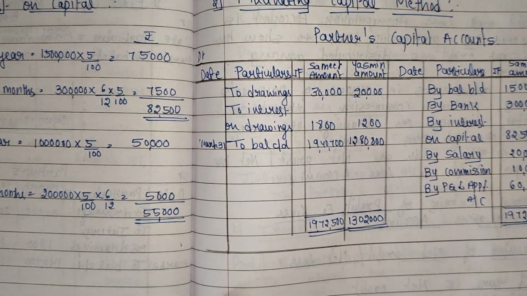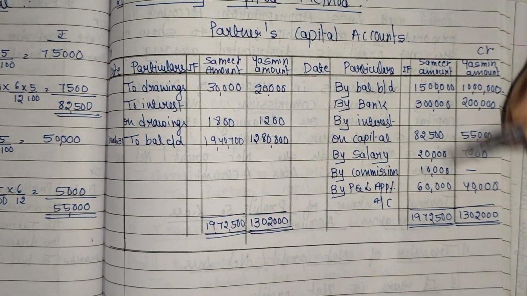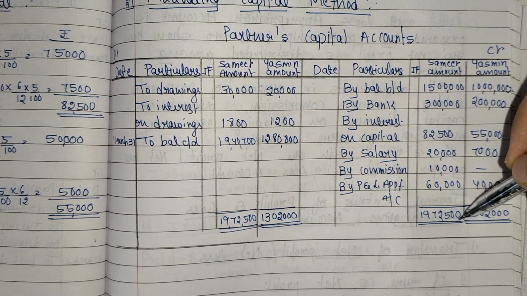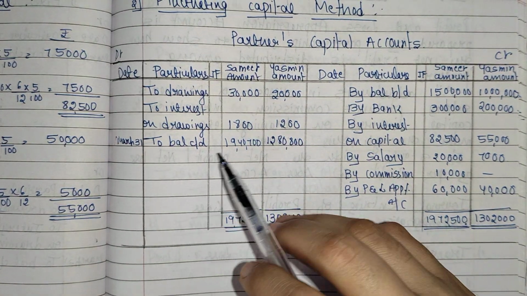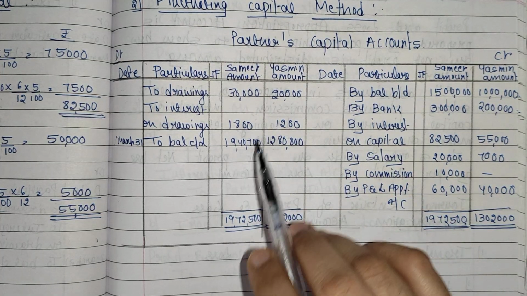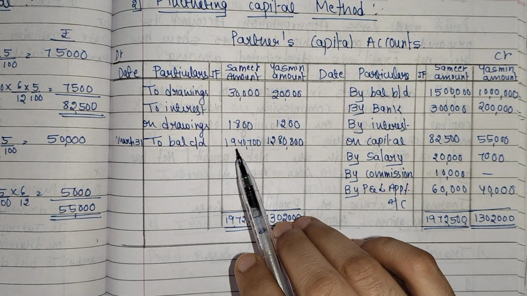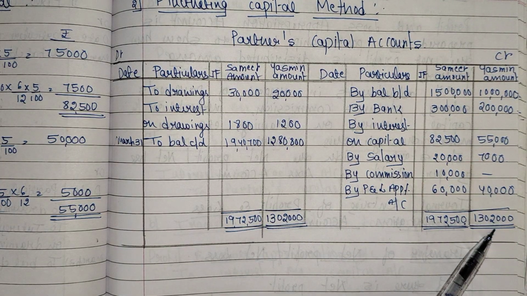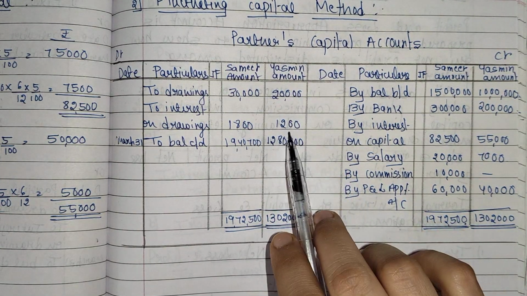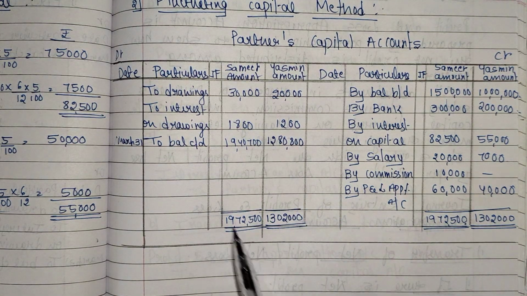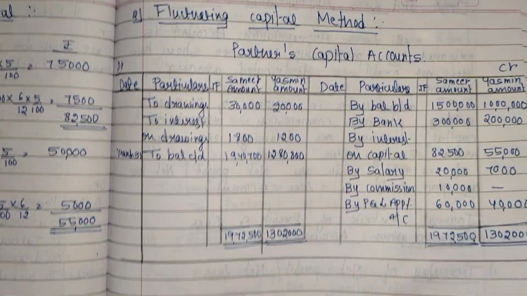The credit side is more, so total Samir's amount, that is 19,72,500, and to balance carried on, from that you need to deduct 30,000 and 1,800, then you will get 19,40,700. Here also total Yasmin's amount and deduct 20,000 and 1,200, you will get 1,28,800. Clear? Close the account.